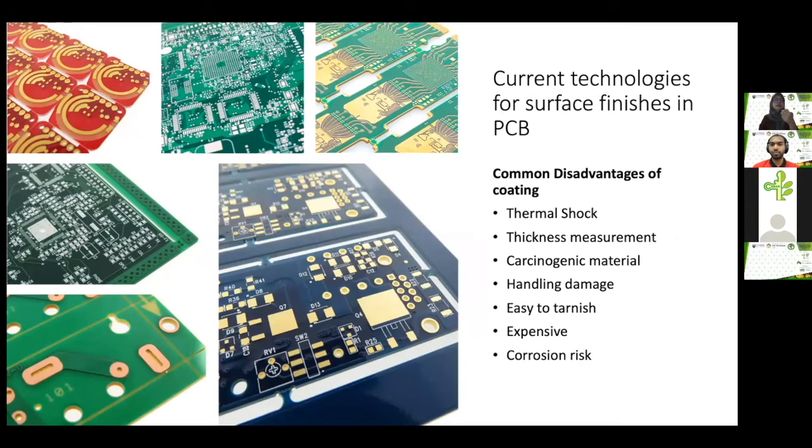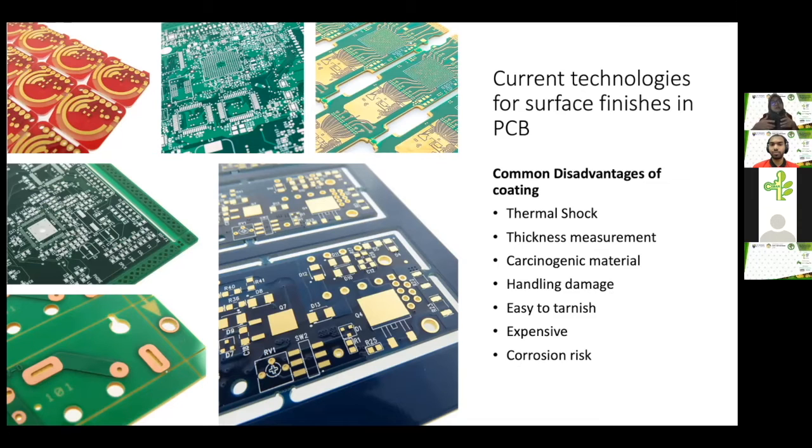You can have HASL coating, you can immerse the printed circuit board into tin or silver, or use organic preservative, or gold, hard gold, all depending on the functions and the needs of the application.